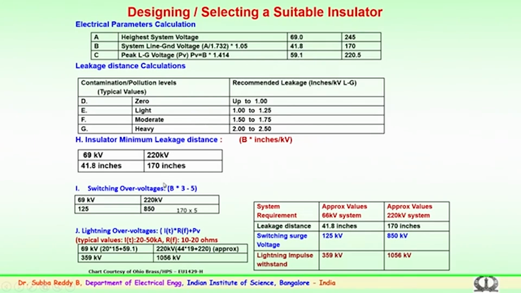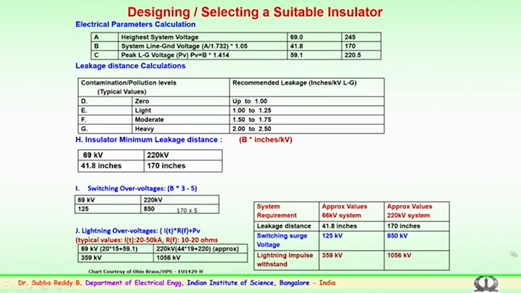Here again for 69 kV, with insulator strings operating in different environments, we see the leakage distance at 41.8, switching surge voltage 125 kV and lightning surge voltage 359 kV. These are the different values for different voltage levels. Similarly, for higher voltages like 400 kV, 765 kV and above, a similar pattern will be followed with other design considerations.